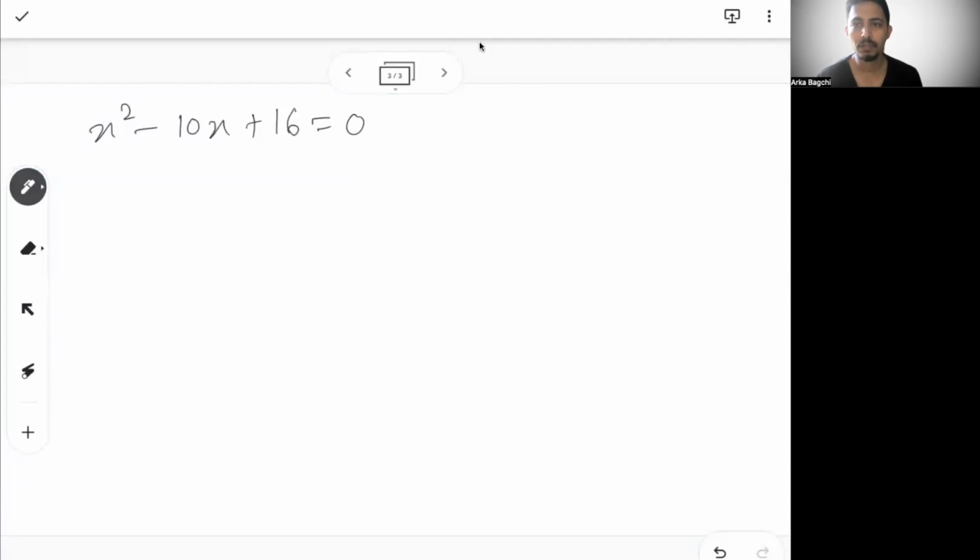This is the equation. So how do we solve a quadratic equation normally? We take the product of the coefficient of x square and the constant, and try to adjust the middle value according to this. So here it is 1 into 16. So the product is 16.